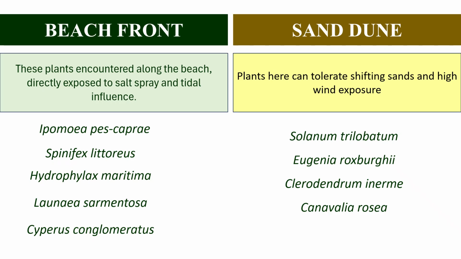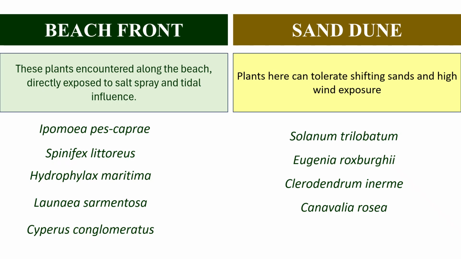This is a very specific plant for sand dune, and this is a tree. I'd like to tell you that there is another Eugenia species, Eugenia uniflora, which is not native to India, but Eugenia roxburghii is native to India, and it is a very important species for the sand dune.